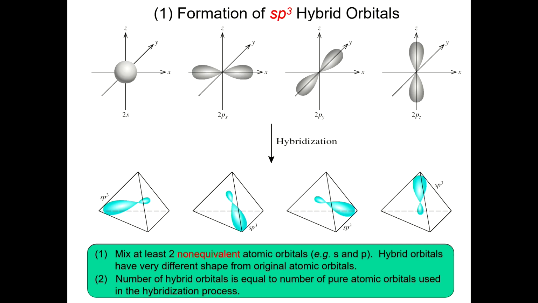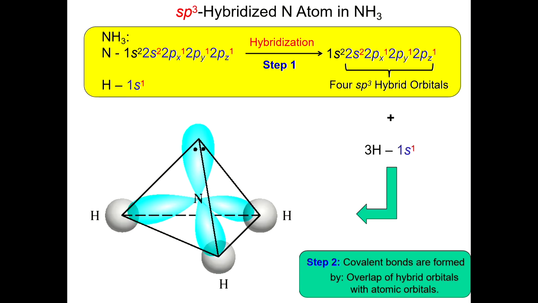Okay, now we know how to form the hybrid orbitals. After we get the hybrid orbitals, now we can see the overlap between the hybrid orbitals and the atomic orbitals.